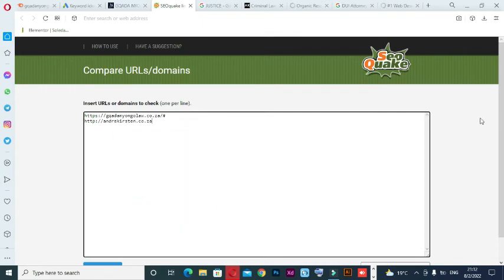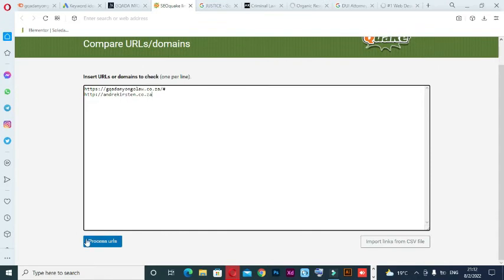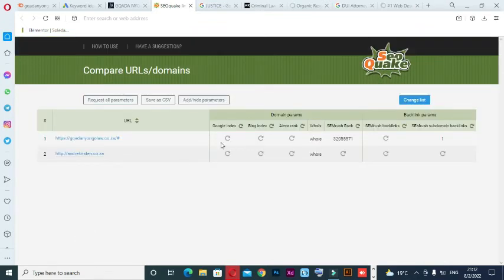SEO Quick will help us check the gap in between them. We are going to compare the websites to see which one is outranking the other. This is for competitor analysis purposes.